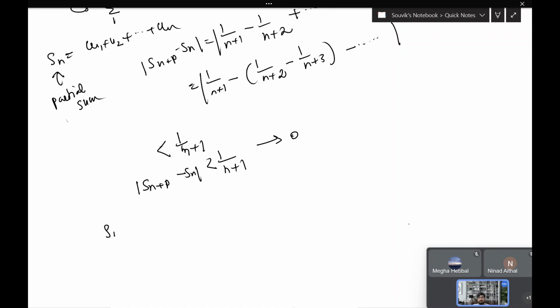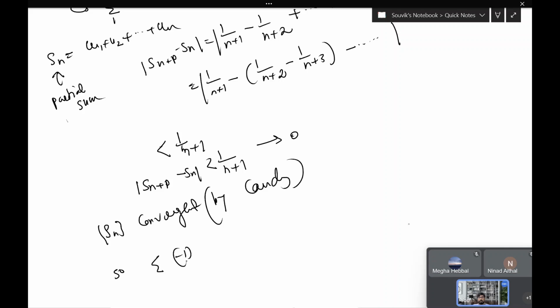So by Cauchy criteria, the sequence Sn converges. So this alternating series converges. So in this way, you can solve this problem.